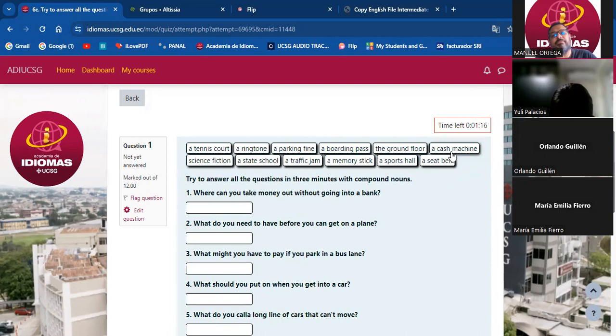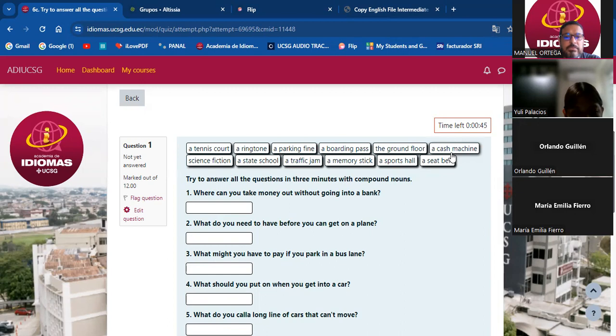Cash machine. How do you interpret cash machine? What it sounds like, cash machine. Then you have science fiction, state school, traffic jam, memory stick, sport hall.